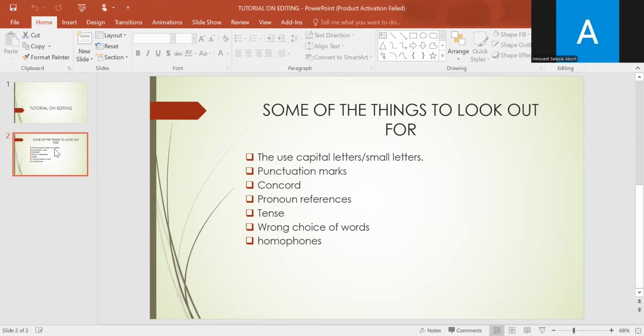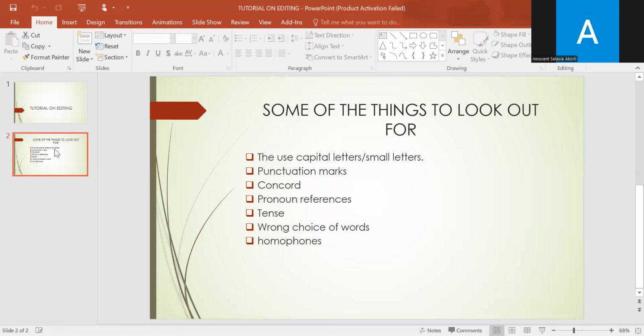There are cases where the examiner can place a punctuation mark somewhere to test whether you're able to identify the correct position of the punctuation mark. Or there could be a place where a punctuation mark is supposed to be, but it is not placed there. And it is for you to know that I have to place this one here.